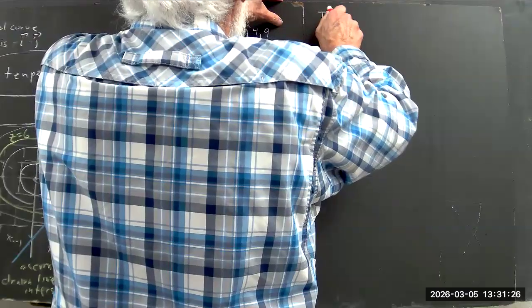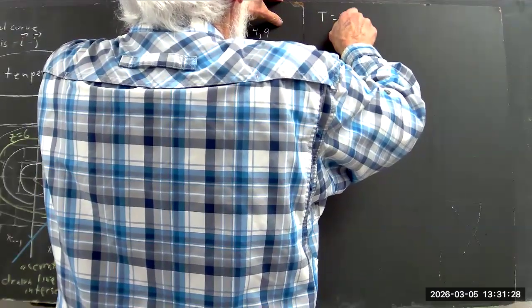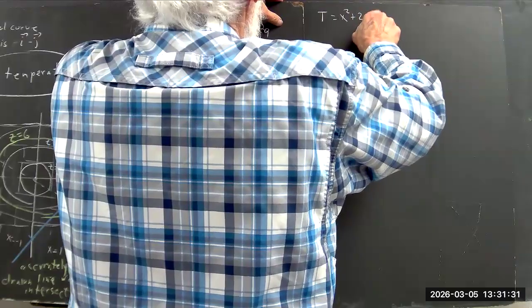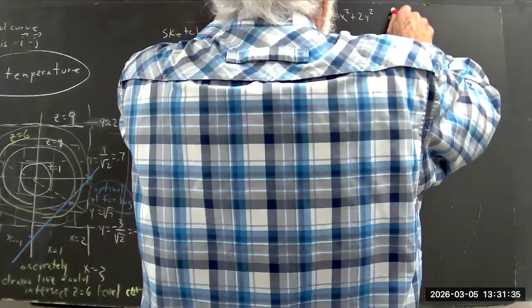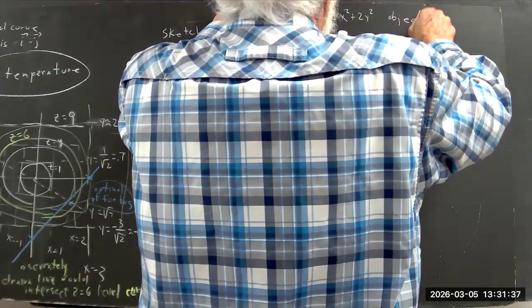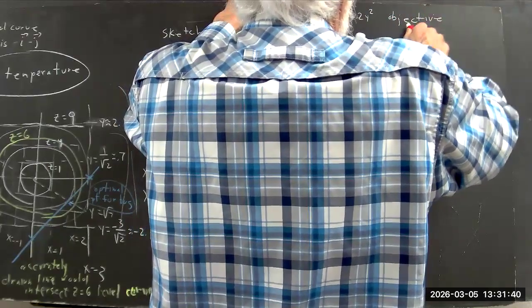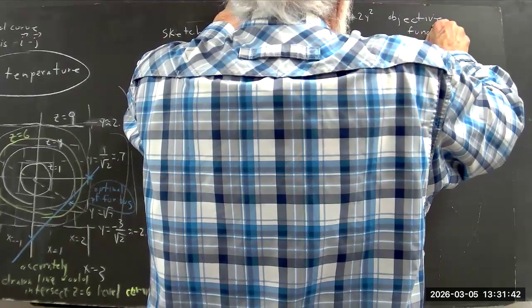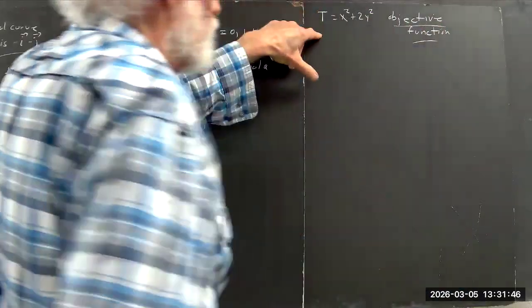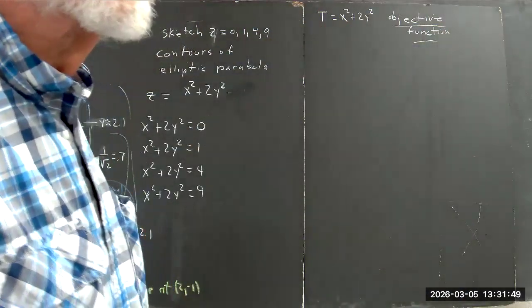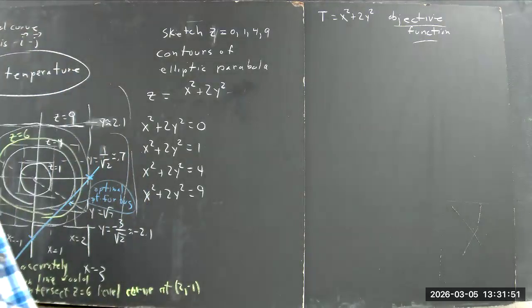What we have is p equals x squared plus 2y squared was our objective function. Our objective was to optimize this function.